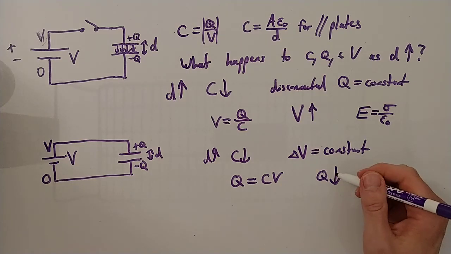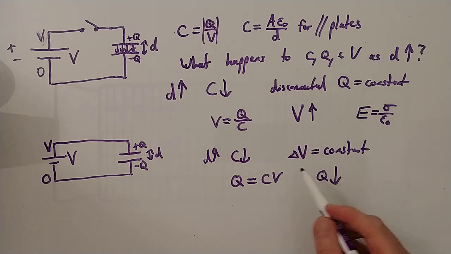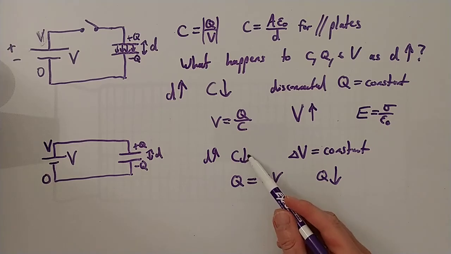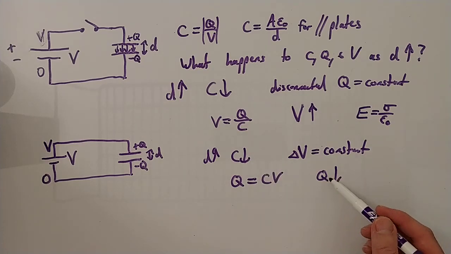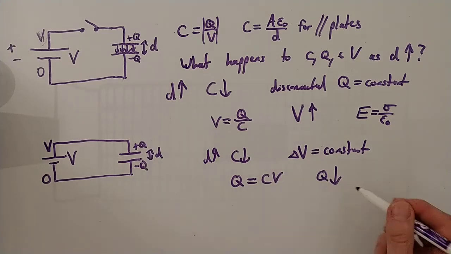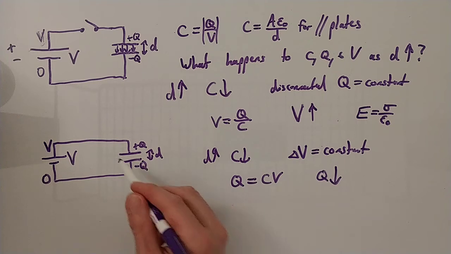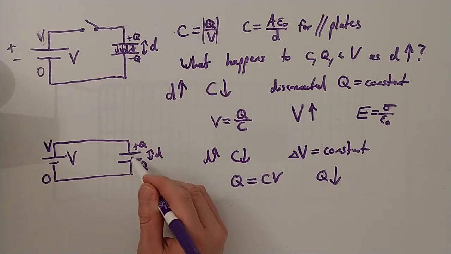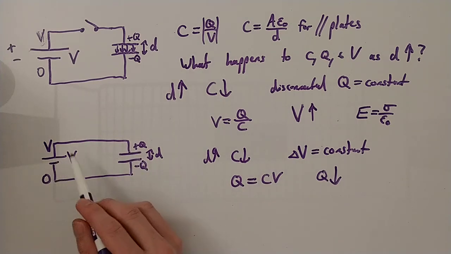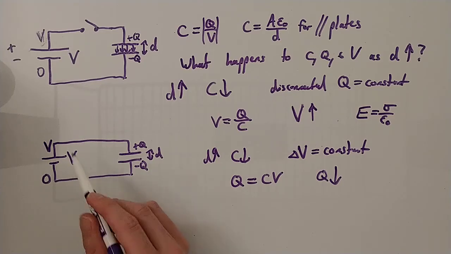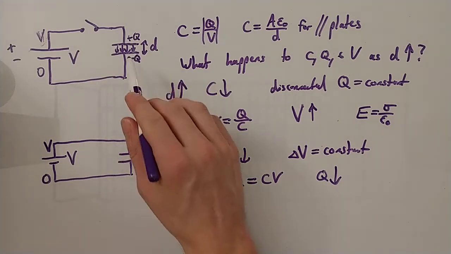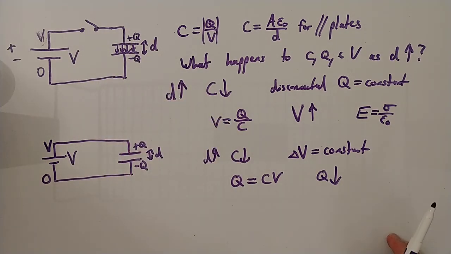So if the distance doubles, the capacitance halves, then the amount of charge on each plate also would have to halve. So you end up getting a different behavior depending on whether or not this capacitor is attached to the battery and thus held at constant potential, or whether it's disconnected and just has a certain amount of charge on it.